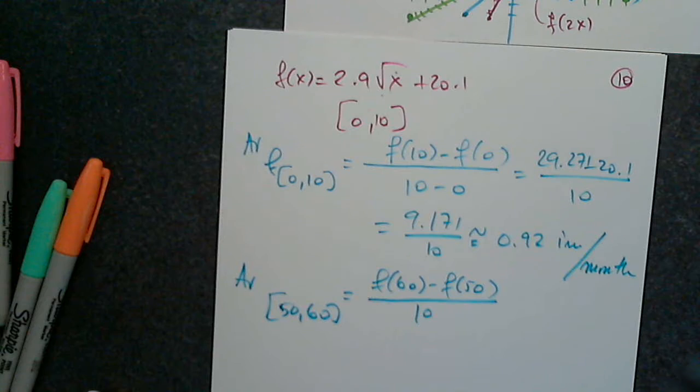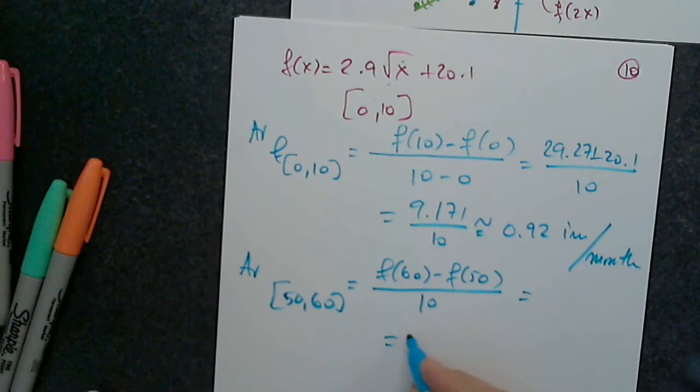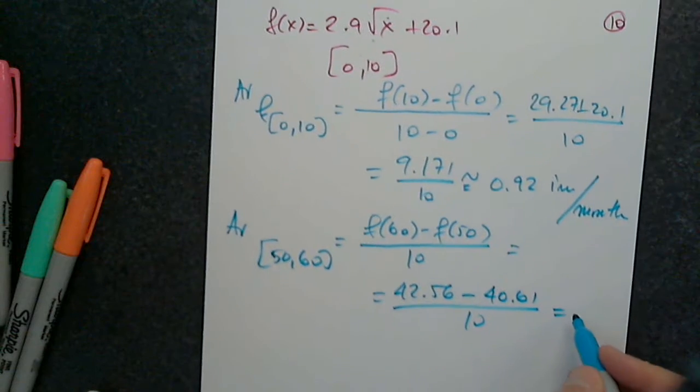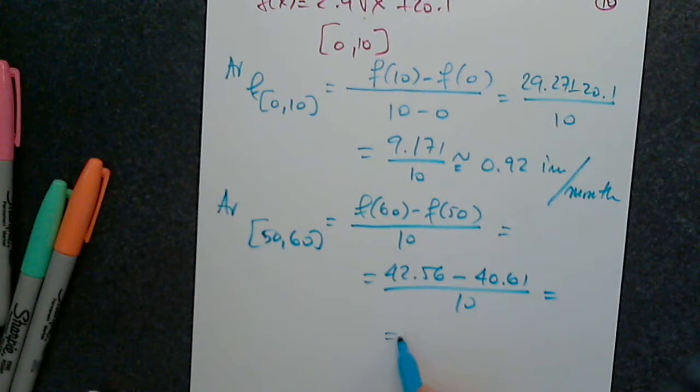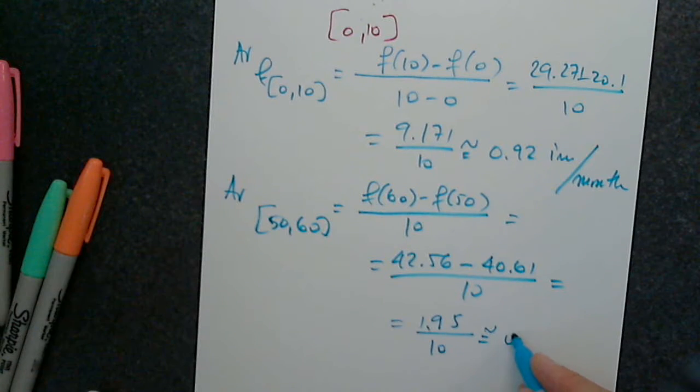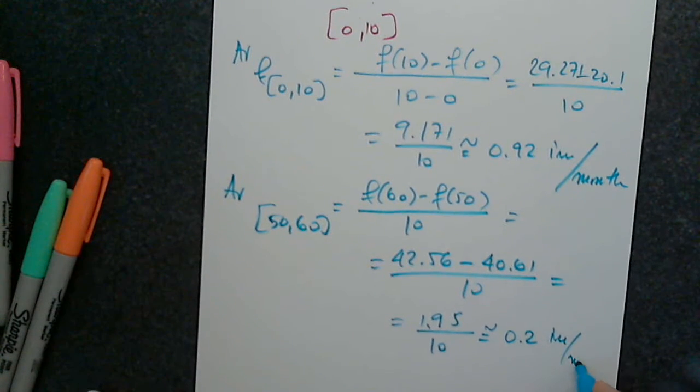So 42.56 minus 40.61 is 1.95, divided by 10. So approximately 0.2 inches per month.